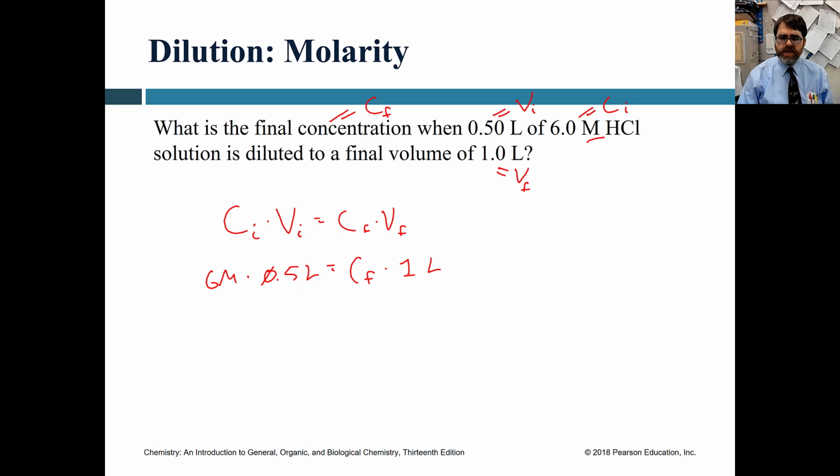Well, you can probably see that if we double the volume, we're going to halve the concentration, but mathematically we can work that out. Of course, dividing by 1 liter here on both sides really doesn't change the numbers at all. What it does do, though, is it takes care of canceling out our units. The liters there cancel with the liters there, and we're left with molarity, which is what we expect for a calculation like this. And so when we do that multiplication, yes, we end up with 3.0 molar is equal to the concentration final of the hydrochloric acid solution.